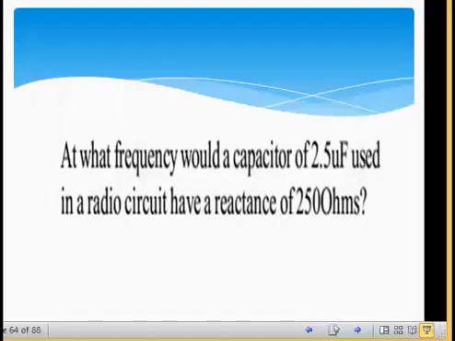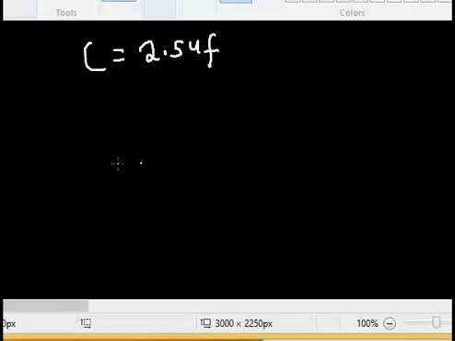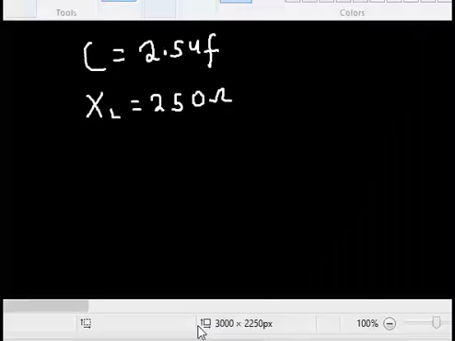According to the question, the capacitance is 2.5 microfarad, used in a circuit that offers a reactance of 250 ohms. What are we looking for? The frequency.